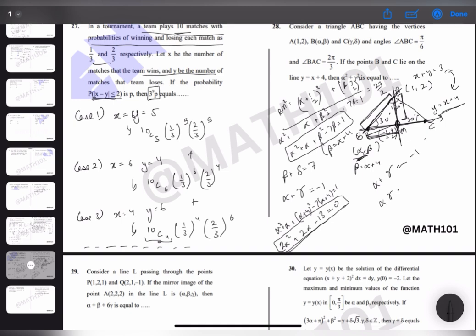Alpha gamma, the product of the roots, is -13/2. So alpha square plus gamma square plus 2 times -13/2 is 1, so alpha square plus gamma square equals to 14. The answer is 14.